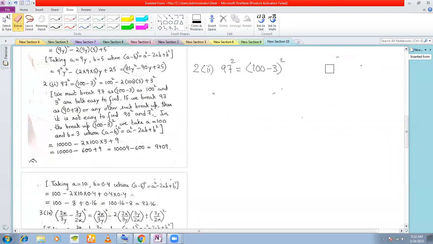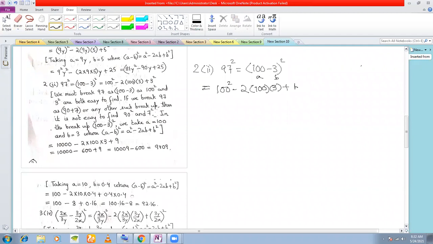We break 97 as 100 minus 3, and then we expand this by a minus b whole square, where a is your 100, b is your 3. So you have a square minus 2 into a into b plus 3 square.